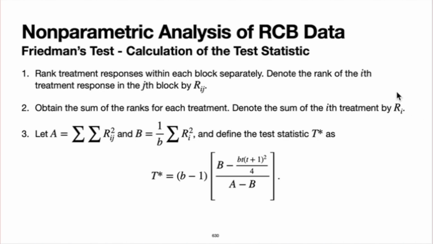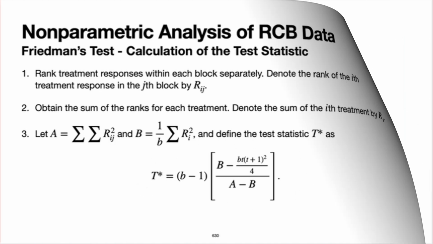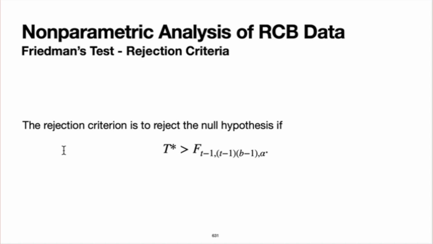Then we take the R sub i's and square those, add those up, and divide that sum by lowercase b, the number of blocks, and we're going to call that capital B. Once we have those values, and we know lowercase b, the number of blocks, and lowercase t, the number of treatments, we're going to calculate the test statistic, which we're going to call T star, using this formula here. And then the rejection criterion.